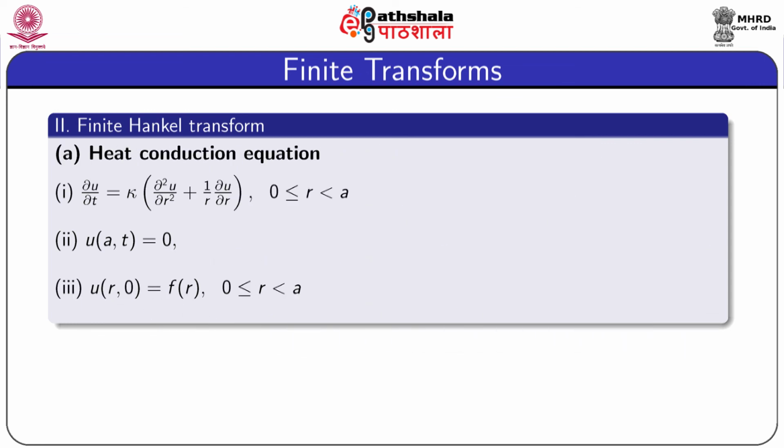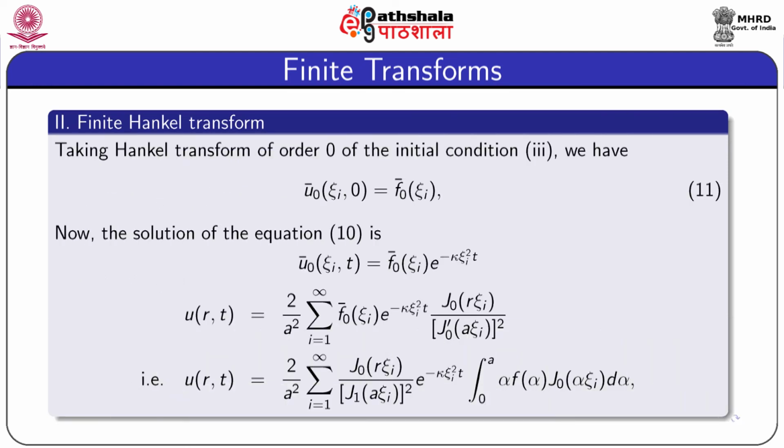We also have the initial condition 3, which says that u at t equals to 0 is fr. So, if you take the 0th order Hankel transform of that initial condition, that gives u0 bar equals to f0 bar.